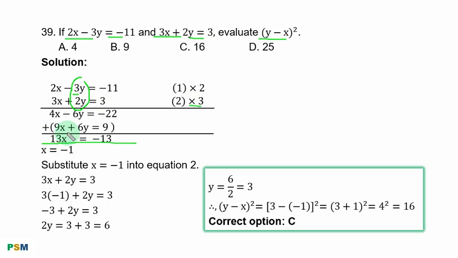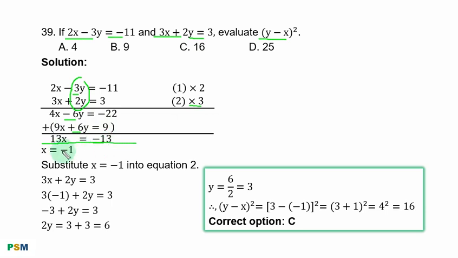In order to eliminate variable y, I need to add both equations so that minus 6y plus 6y is 0, and 4s plus 9s equal to 13s, minus 22 plus 9 is minus 13.